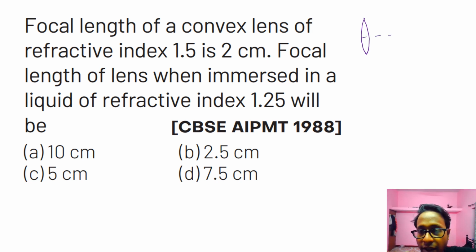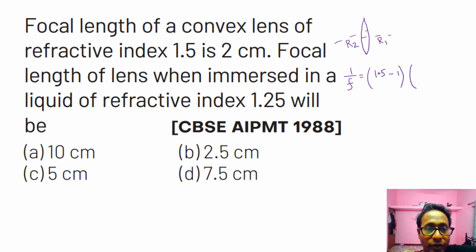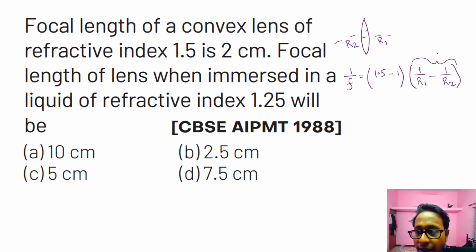So for air, 1 by f is equal to (1.5 by 1 minus 1) into (1 by R1 minus 1 by R1 minus 1 by R2). Let's name the entire thing x, because it will remain constant.